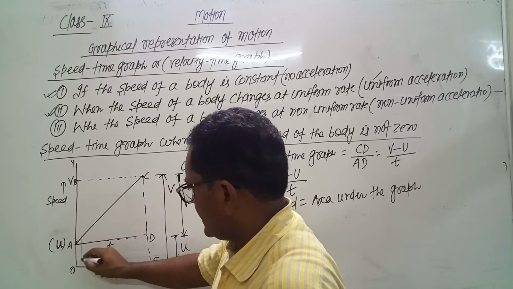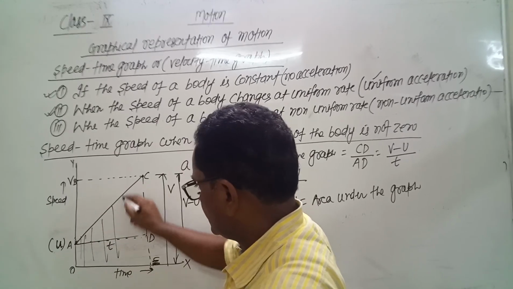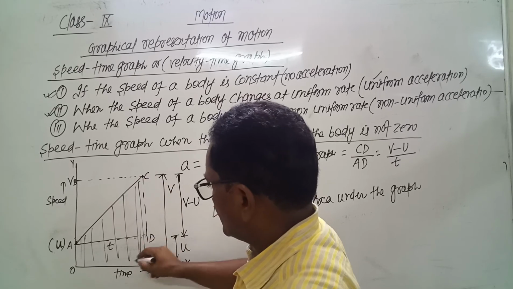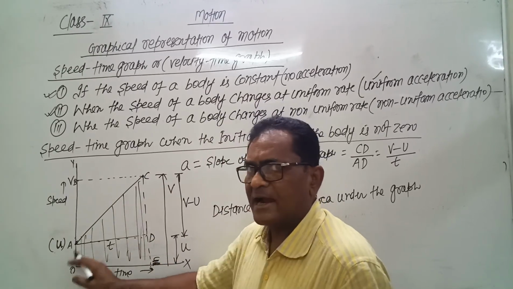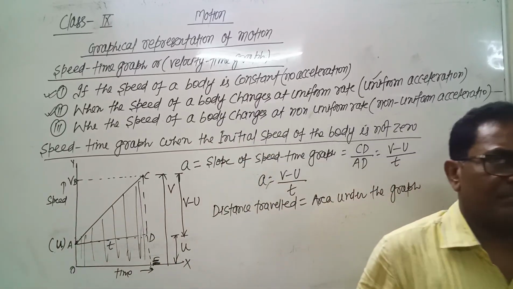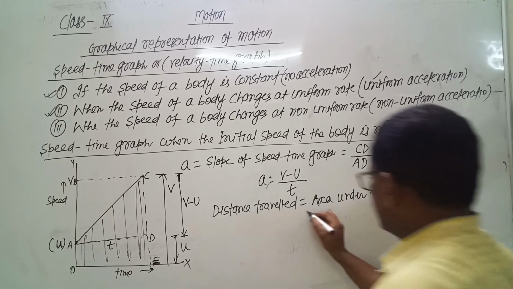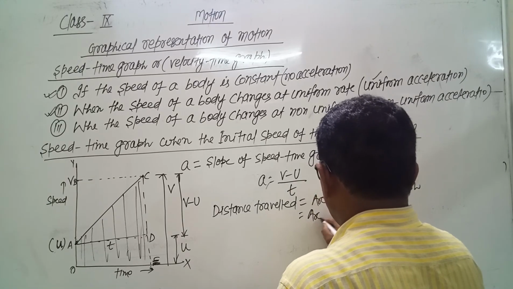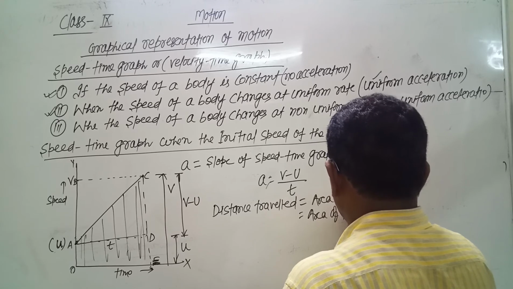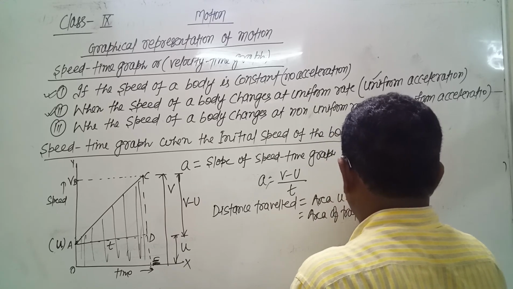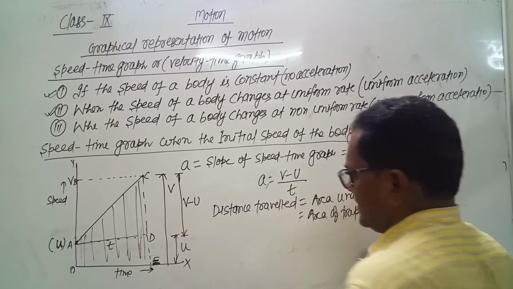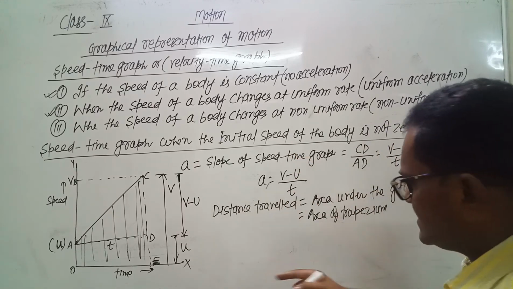So area under the graph is this shaded portion, and this shaded portion is a trapezium. So area under the graph equals area of trapezium OACE.